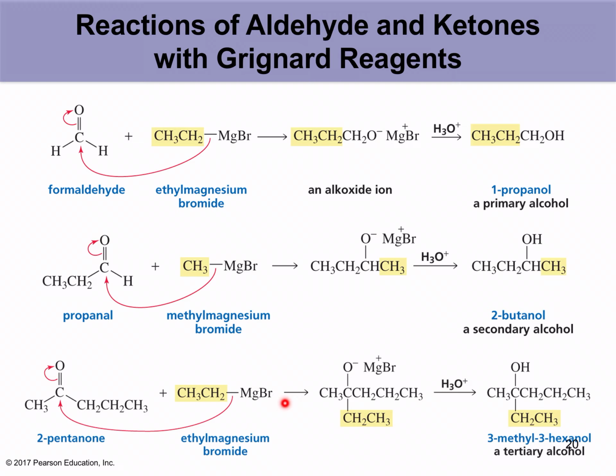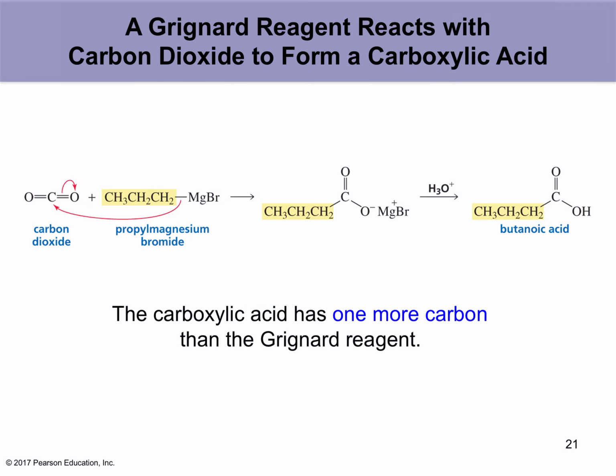And then once the product is formed, in the second step you add hydronium, or the acid. It could be sulfuric acid, it could be hydrochloric acid. You don't add the Grignard reagent and the acid together. Otherwise, the Grignard reagent can be destroyed by taking a hydrogen from the hydronium ion. Okay.